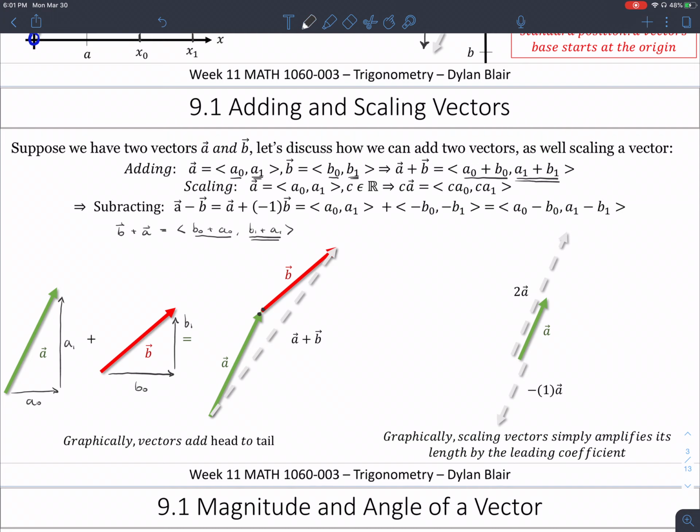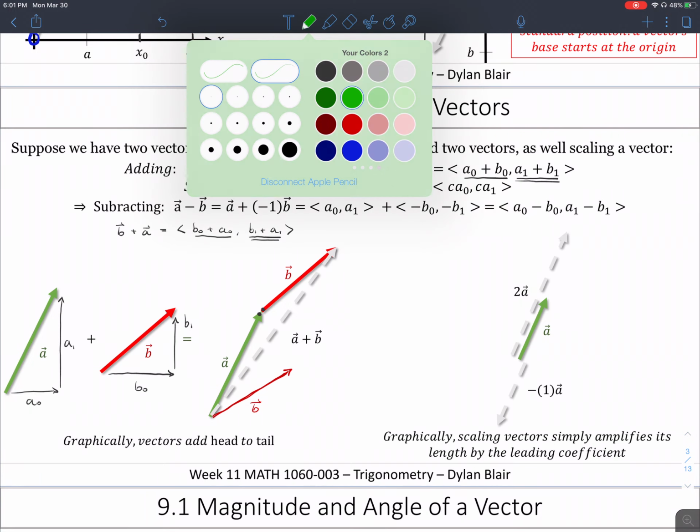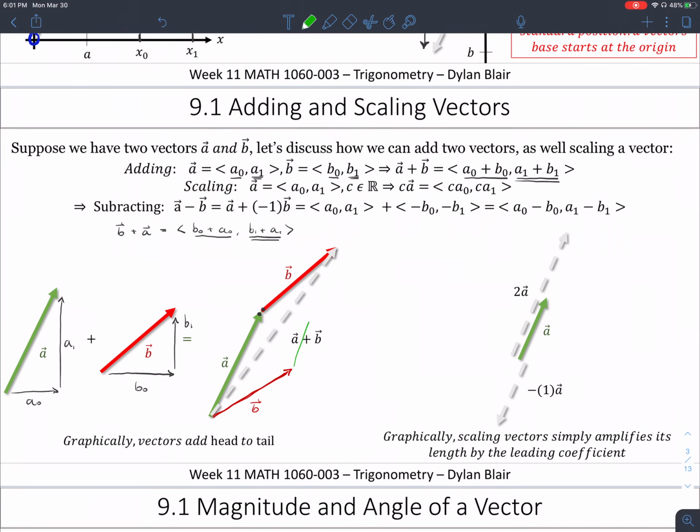So now, if we were to do this b plus a, now our b is going to be down here, right? We've just translated the vector downward. And then our a vector is just translated to the right, so that we are now doing head to tail for the head of the b vector and the tail of the a vector.